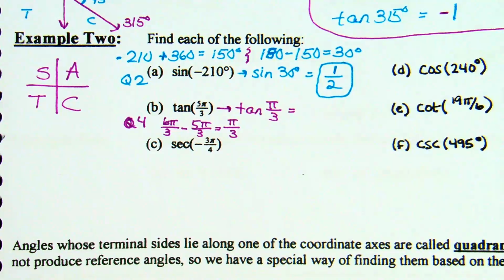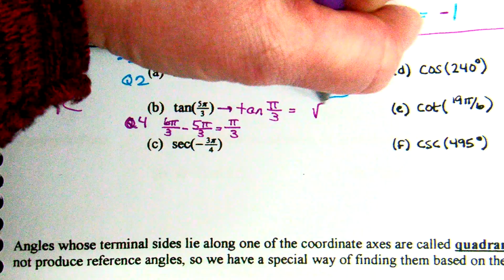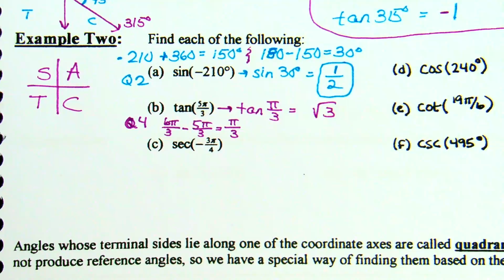Okay. Tangent of pi over 3. Same thing as tangent of 60, right? Square root of 3. Then the question becomes, is it positive or negative? It's negative.